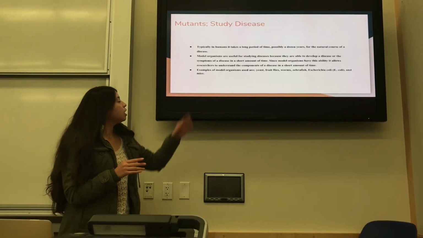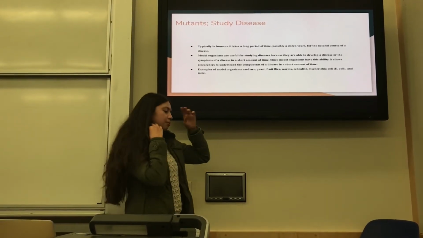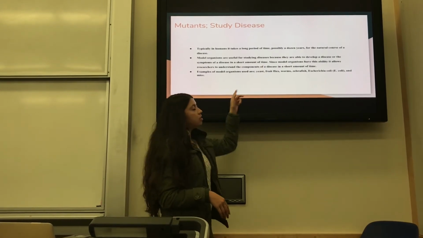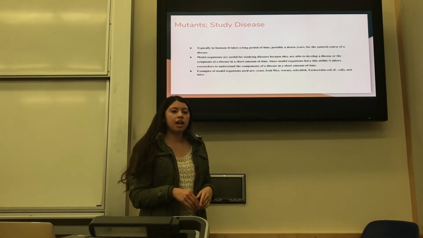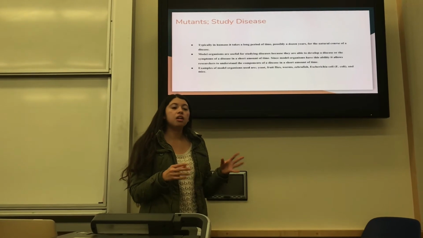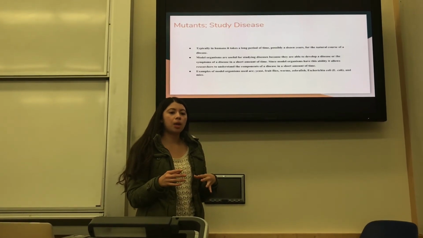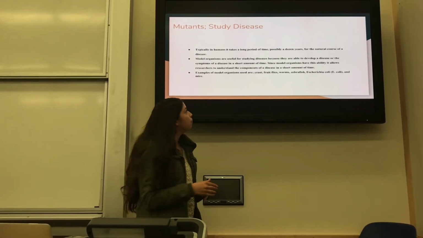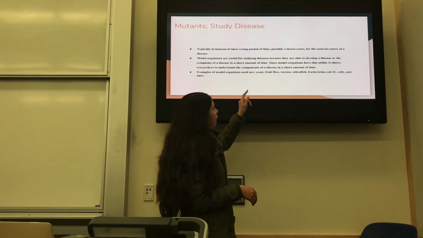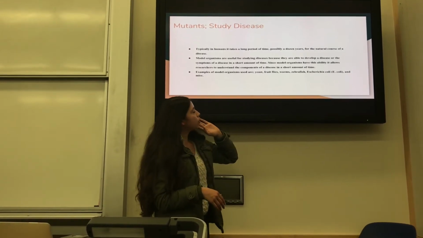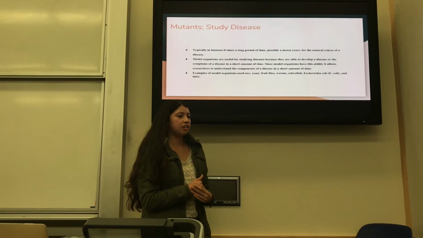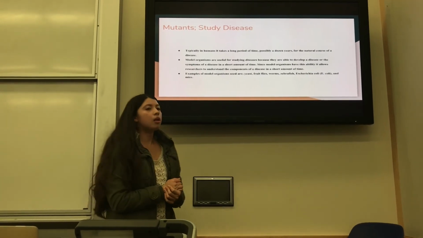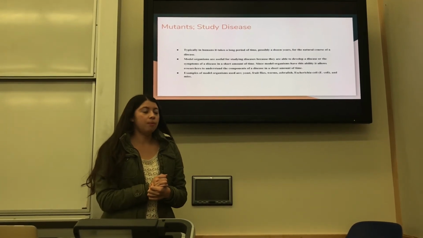Some examples of model organisms that we use are yeast, and this allows us to understand how cells divide and how cells are able to be duplicated. As for fruit flies and worms, we use these to understand the development of embryos.